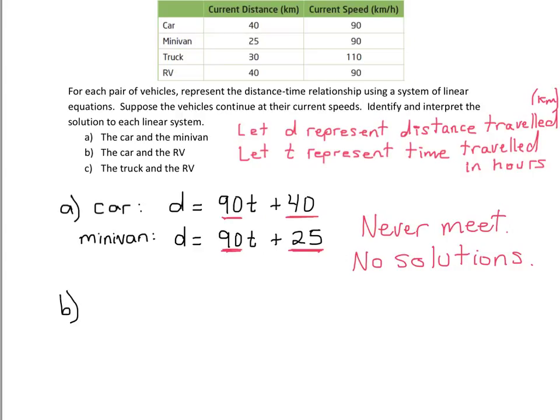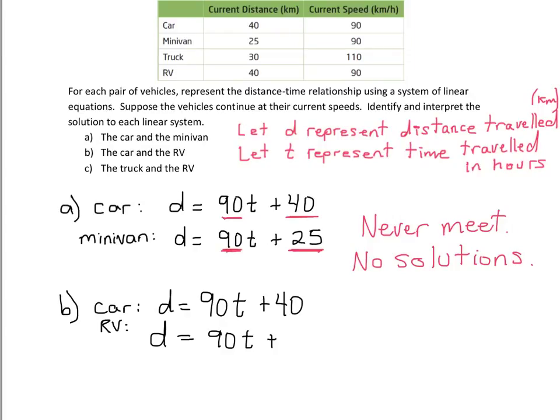Let's look at example B now. In B, we're comparing the car, but this time to the RV. The car, we already had the equation: the distance the car has traveled is 90 times t plus 40. But the RV's distance traveled is going to equal 90 kilometers per hour times time, plus its initial distance of 40.